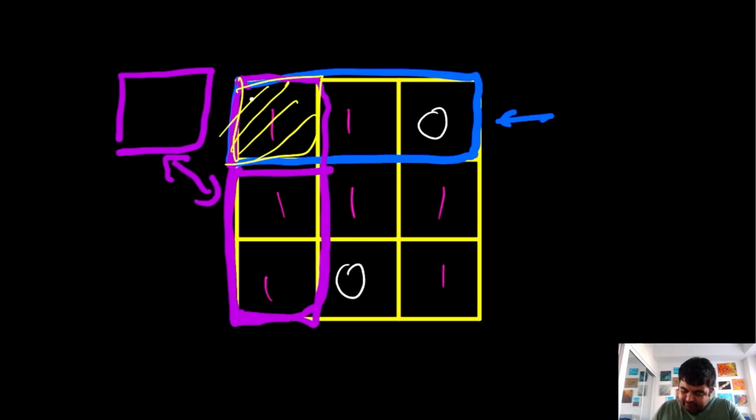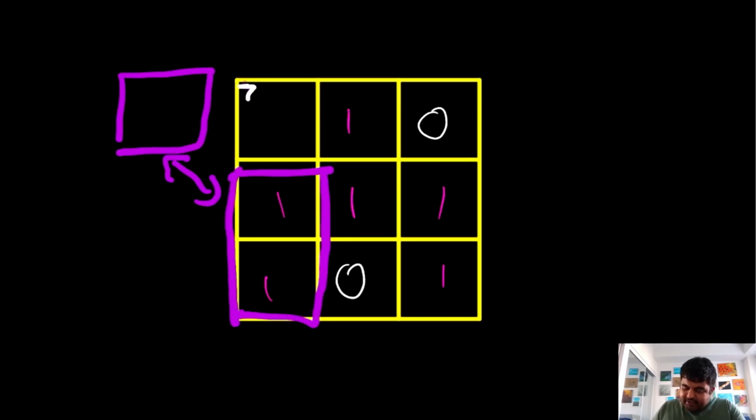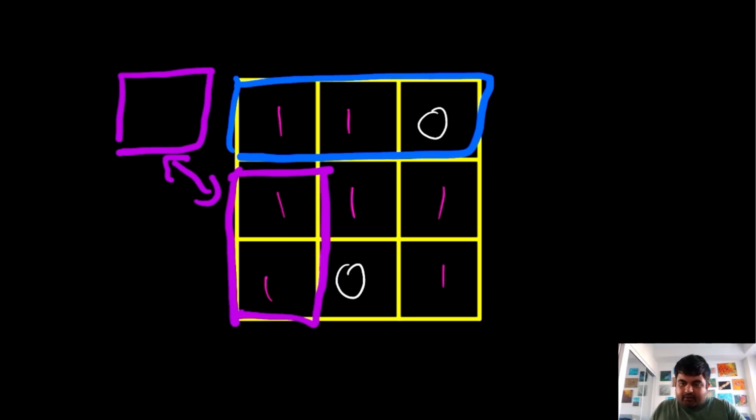For the first column, all we need to do is just use this entire first row to keep track of all the columns that need to be updated. And let me show you how we are going to do things.